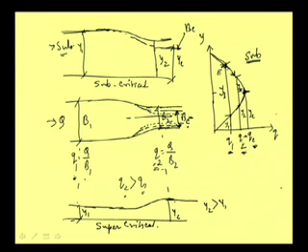And then if we reduce it further, our Q will increase more. But in this particular curve, which is for an energy level E, we cannot have a higher discharge than this QC. This is the maximum possible discharge that can pass through this particular section with energy E.